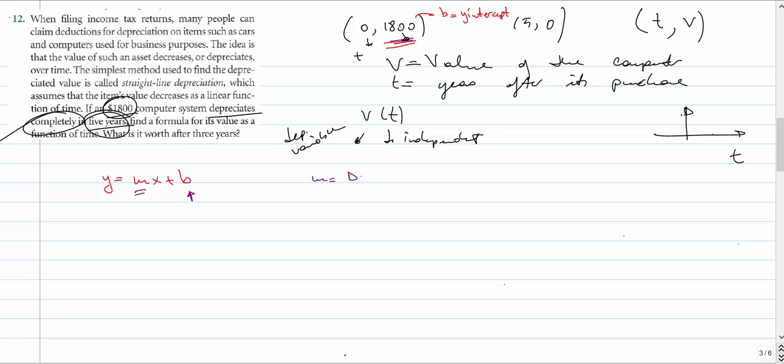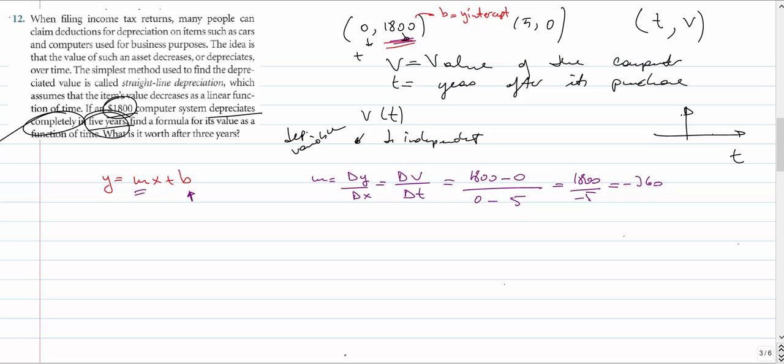The slope is change in y over change in x, and here, change in value over change in time. So change in value is 1800 minus 0. Change in time is 0 minus 5. So 1800 over minus 5 gives you negative 360.